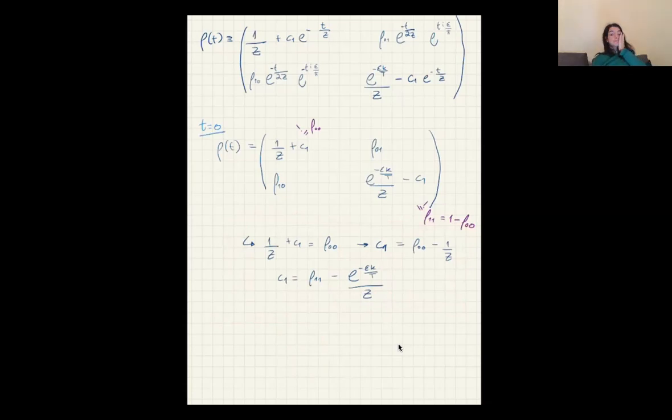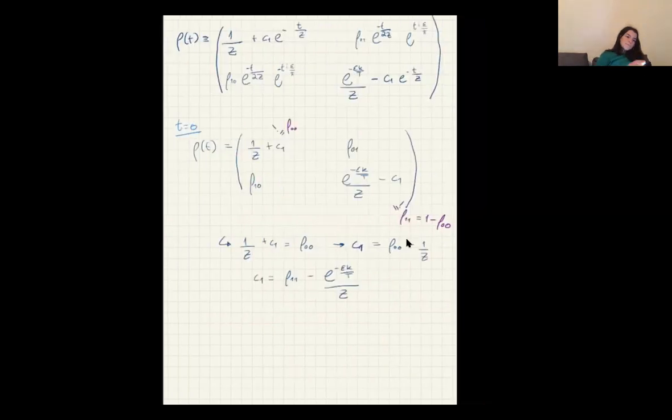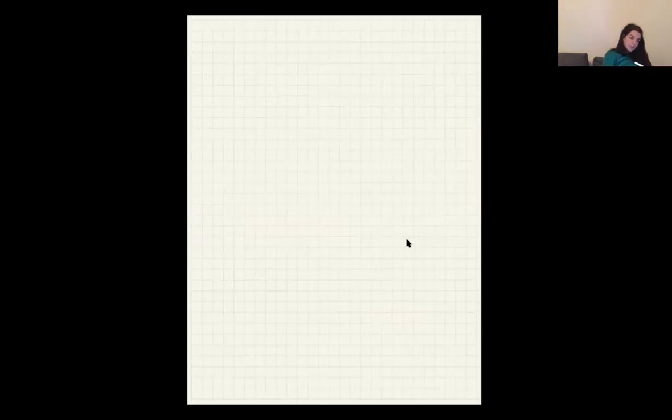So, conclusions. We have that our Lindblad equation, Lindblad operators.